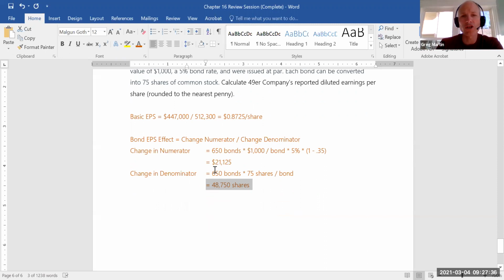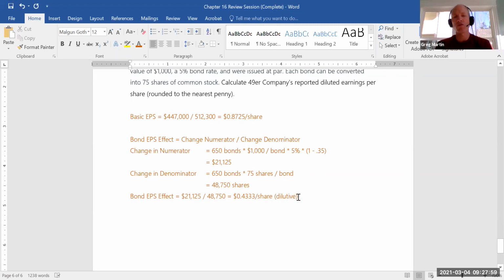So again, we have the change in the numerator, 21,125, and the change in the denominator, an increase of 48,750 shares. So the bond EPS effect is 43.33 cents per share. Notice that 43.33 is less than 87.25, meaning these are dilutive.